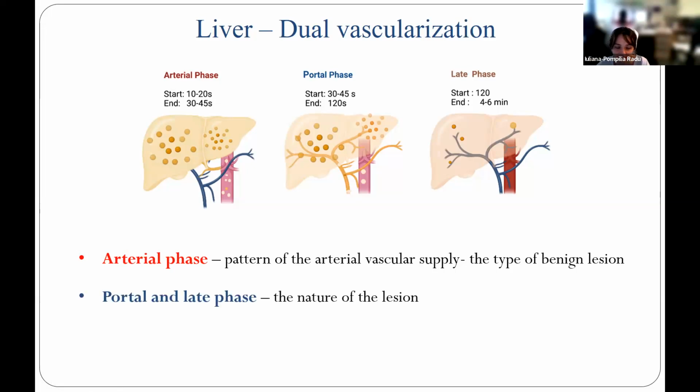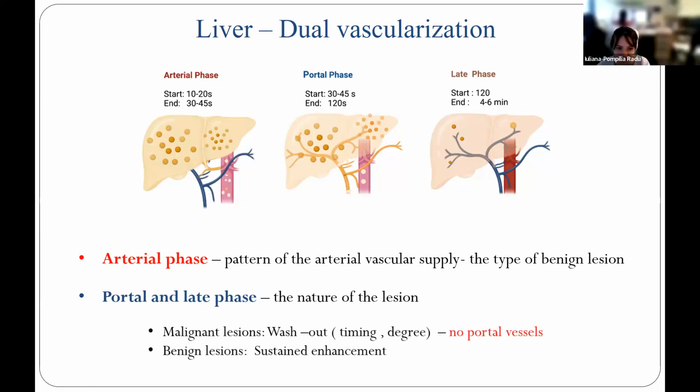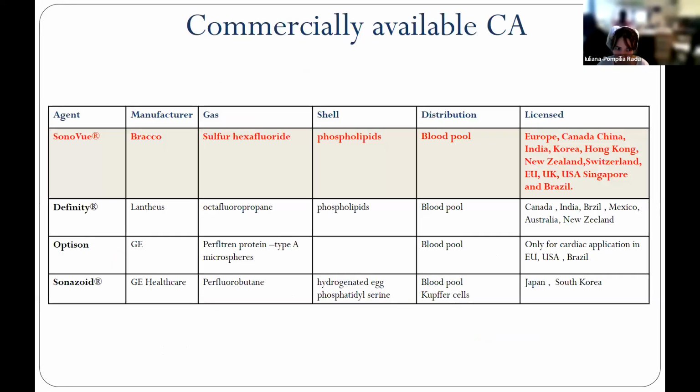And the portal and late phase, that is the most important phase to establish the nature of the lesions. Why? Because the malignant lesions do not have portal vessels. So here in the portal and the late phase, we can make the differentiation between benign and malignant lesions.